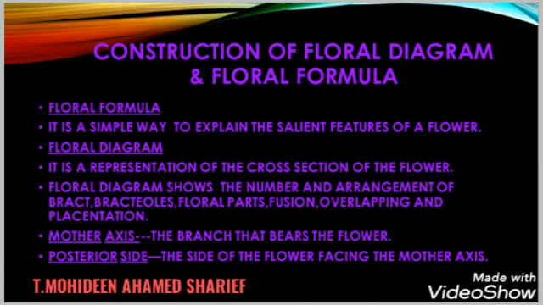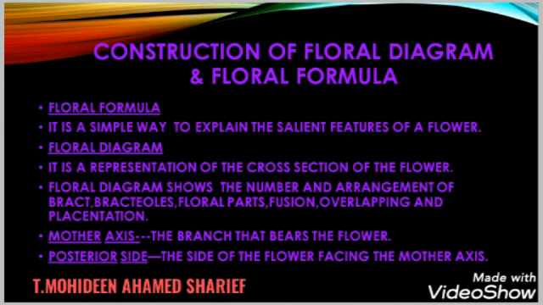Next one is zygomorphic. Next one is staminate. Next one is pistillate. Then comes bisexual flower. So staminate is the male, pistillate is the female, and then comes the bisexual flower.